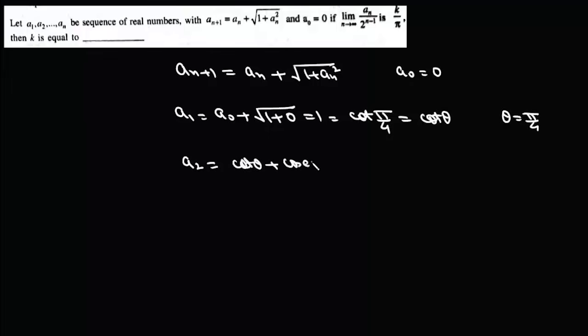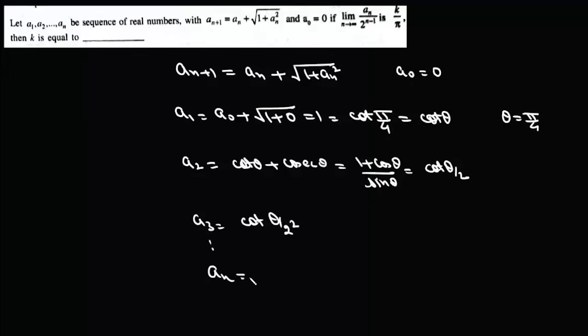So there will be cot theta plus cosec theta, and this is (1 plus cos theta) by sin theta, and it is cot theta by 2. If we substitute here cot theta by 2, we'll get cot theta by 2 square. So a3 will be cot theta by 2 square.